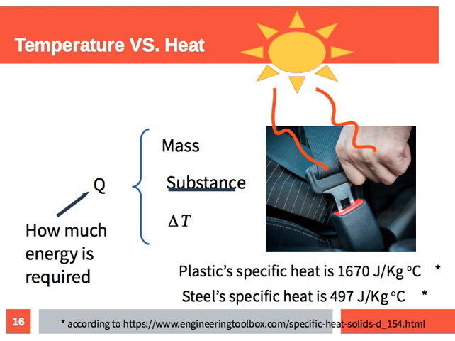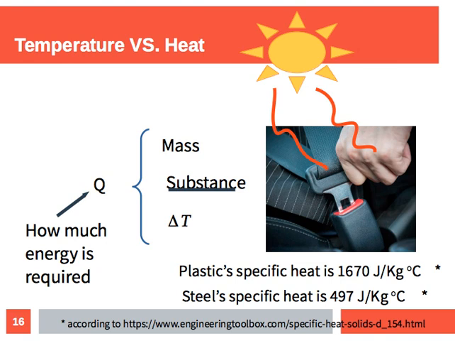Well, it's because each substance, the plastic, has a different property than the steel's property to retain or increase in temperature, given an amount of mass that you have there. So each substance has its own number that can tell you how much heat is needed to change its temperature.